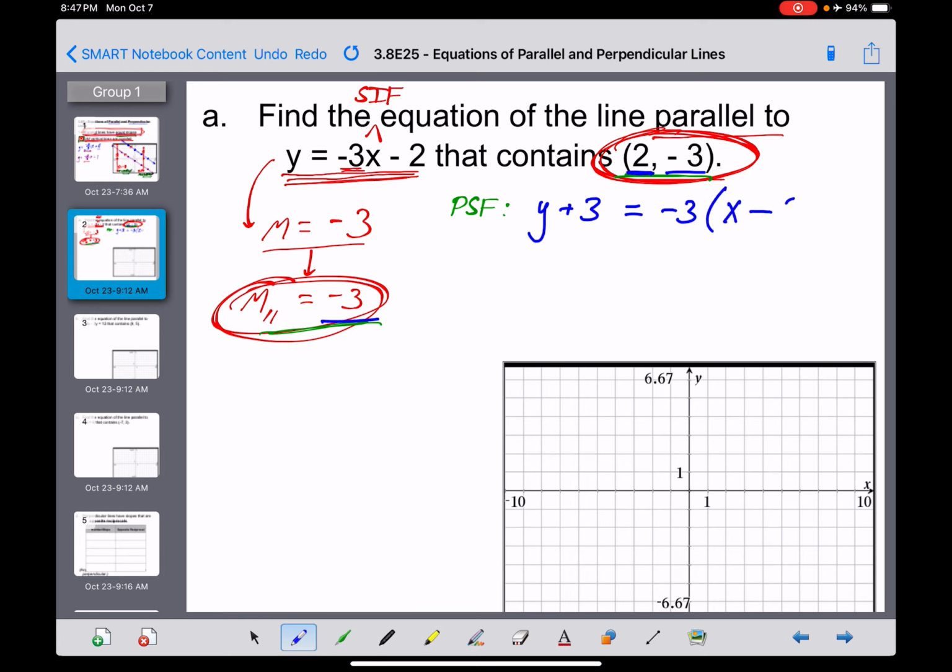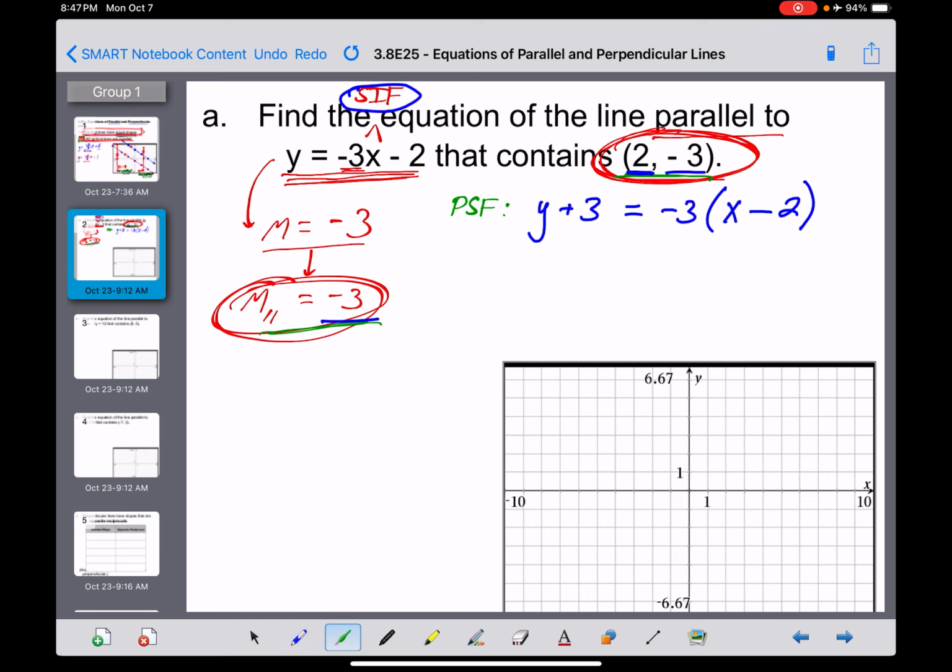x coordinate of 2. Now there's the equation in point slope form, but you'll notice the directions asked for it in slope-intercept. One of the main concepts you guys need to get right here that even good Algebra 2 and pre-calc and even calculus students don't always get is that point slope form and slope-intercept form aren't two completely different things. They're related to one another.